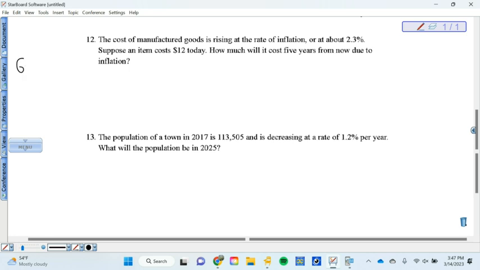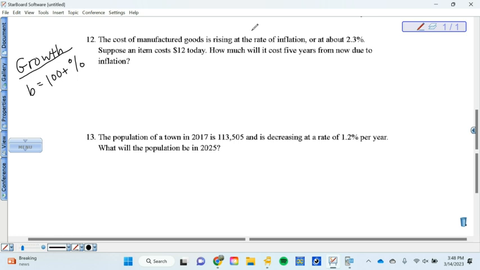When I need to calculate my growth factor, what did we do? How do I find growth factor? How do I find my B? What do you add to the percentage? 100. So we start with 100 and add the percent.